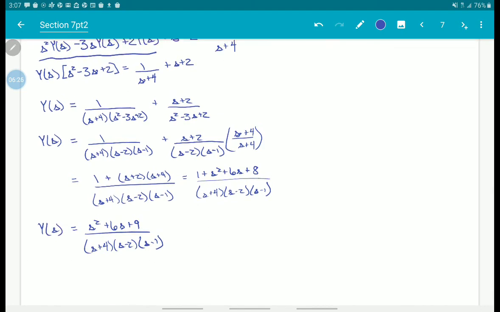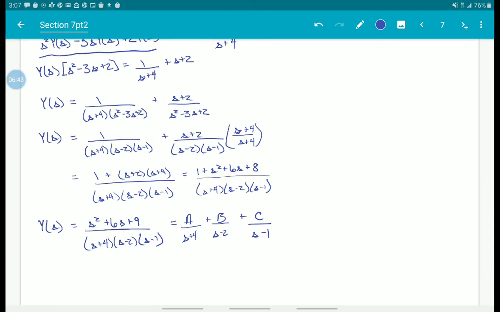So now we get to do partial fraction decomp. We actually did that decomposition in a previous example, but I'm going to work through it just so you can see it again if you need a refresher on partial fraction decomp.